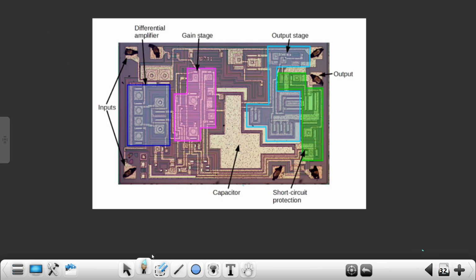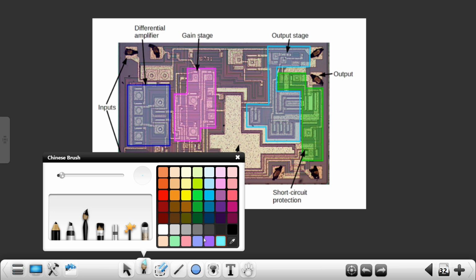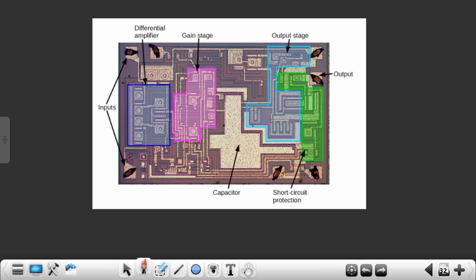If you see very clearly what all blocks we have, we have two input terminals, that is fine. We have one differential amplifier. The differential amplifier has two transistors, and generally transistors don't create that kind of delay. Similarly, at the gain stage we have a transistor, and again, as I said, it doesn't create that kind of delay.